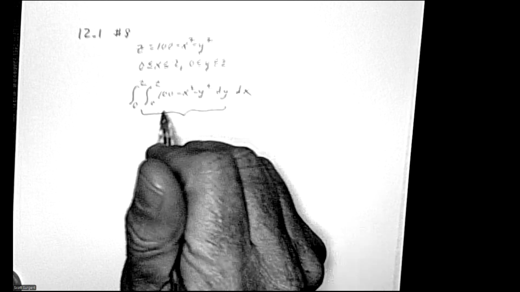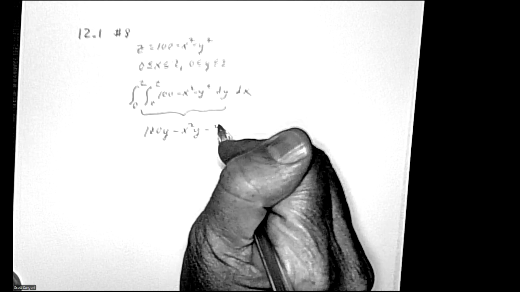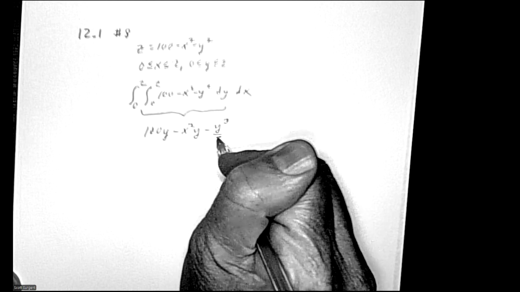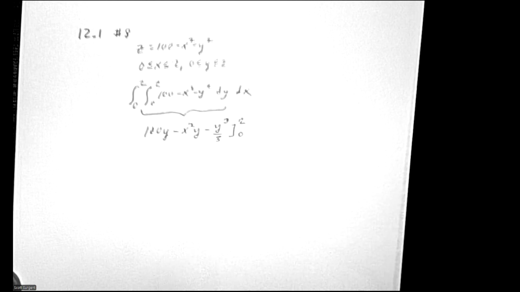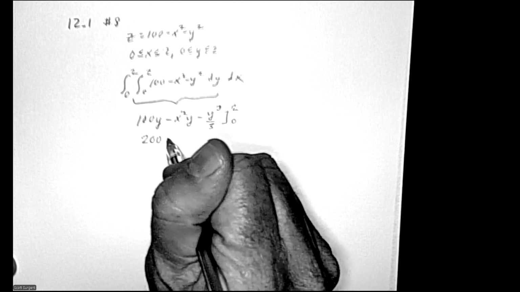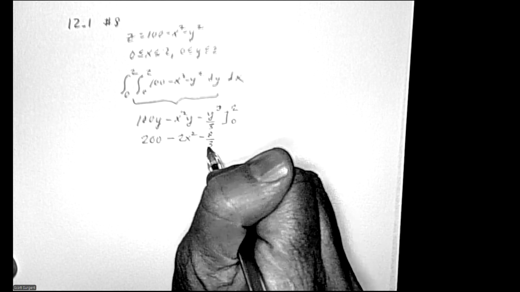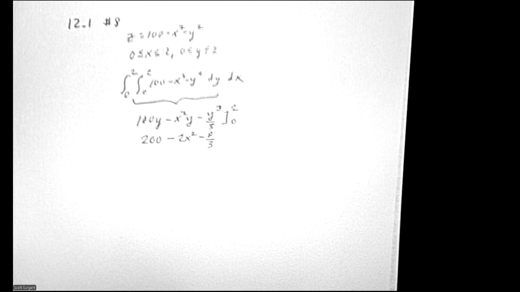Let's work out the inner integral with respect to y. So we just integrate with respect to y and plug in the 2. We get 200 minus 2x squared minus 8 thirds. When you plug in 0, it just drops the whole thing out.